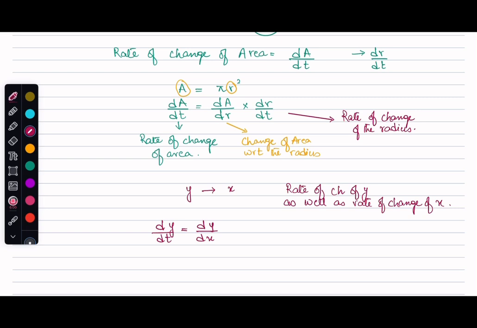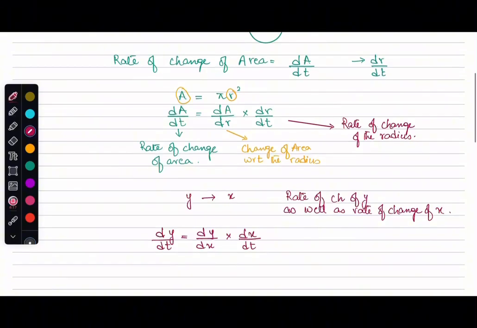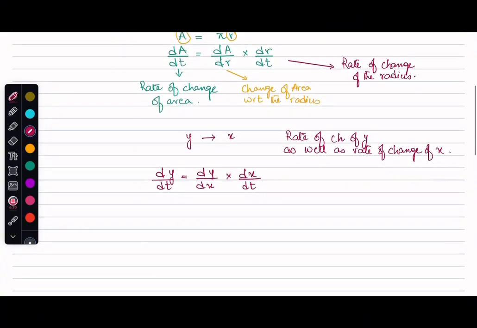So y is dependent on x also. So there has to be a rate of change of y with respect to x followed by the rate of change of x, which is dx by dt. So this is how we will be making the chain equation for the rate of change of two variables with respect to time.